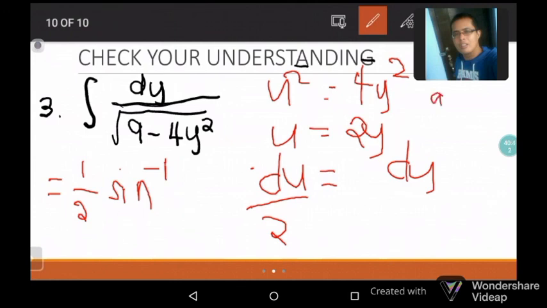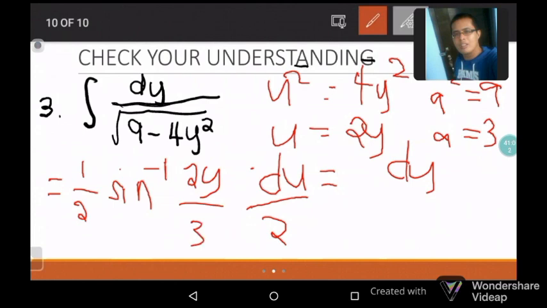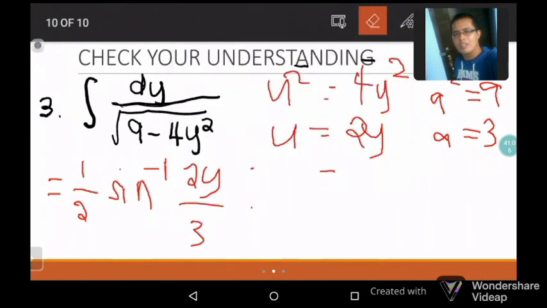So 2y over 3. Then plus c. Okay, so our answer for this problem is 1/2 of arc sine of 2y over 3 plus c.